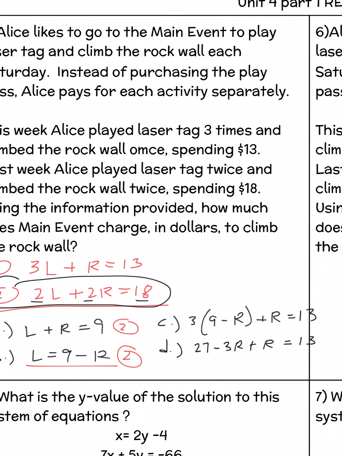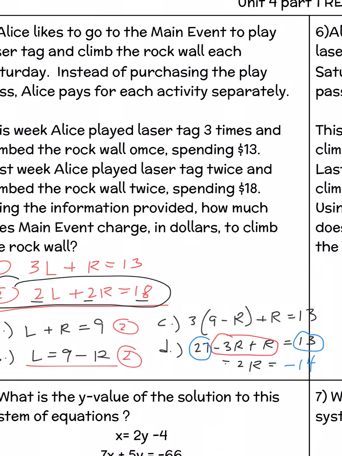Then I'm going to combine like terms. Do you notice I can combine these two terms together? So this will give me minus 2R equal to, then I can take this 27, since this was 27 minus 3R, and subtract it from 13 right here. So 13 minus 27 is negative 14.